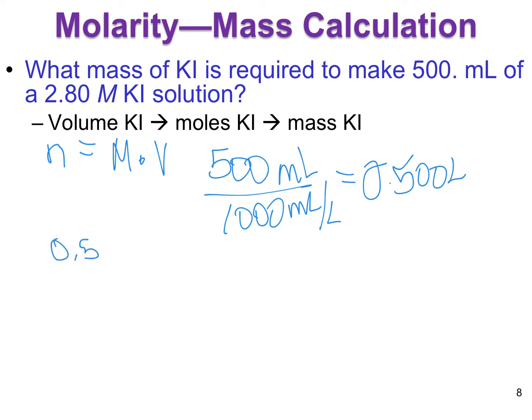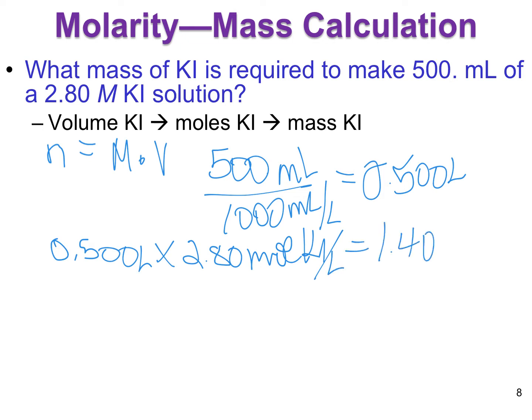This is then multiplied by 2.80 moles of KI per liter of solution, giving 1.40 moles potassium iodide. Moles are then converted to mass using the molar mass of potassium iodide, 166.00 grams KI per mole KI.